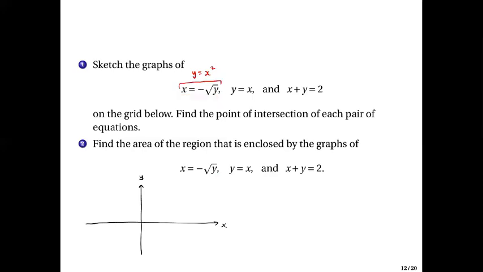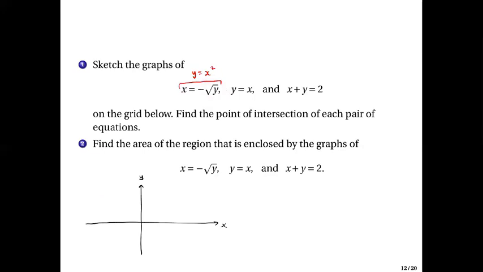It means that when you sketch the graph of y equals x squared, you will only take the negative x's. Of course, y equals x squared will look something like this. And since you only want the negative values for x, you will only draw this part here.